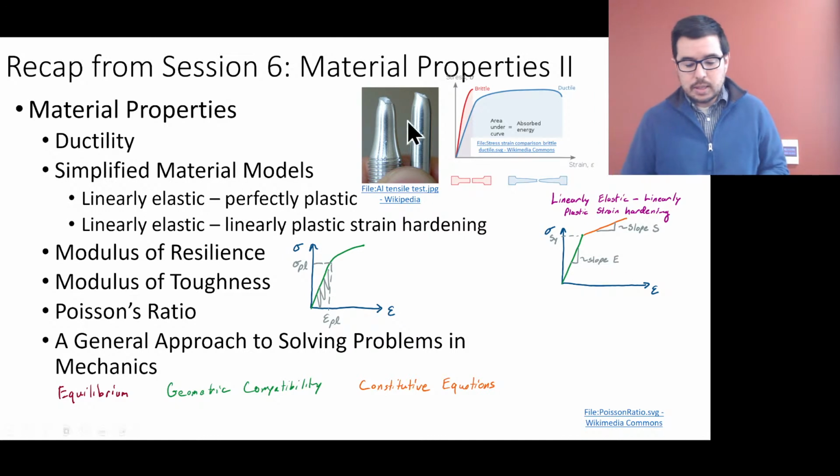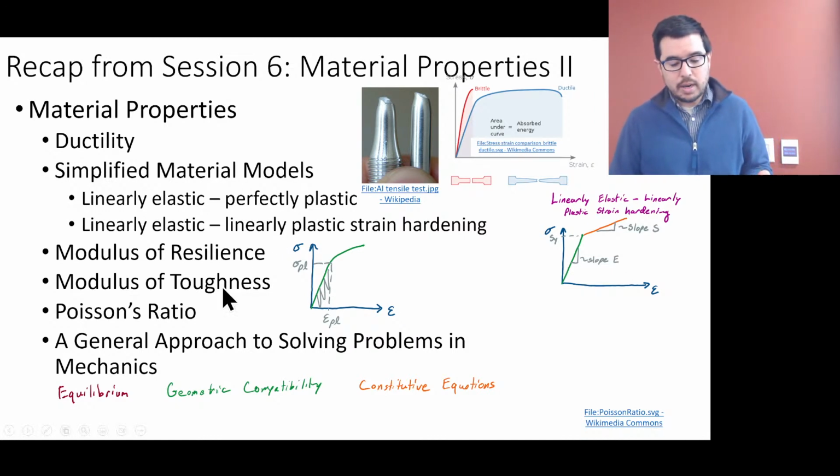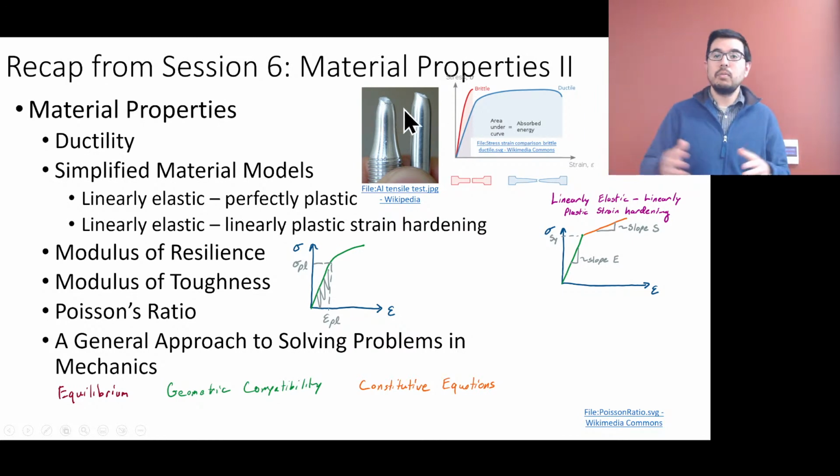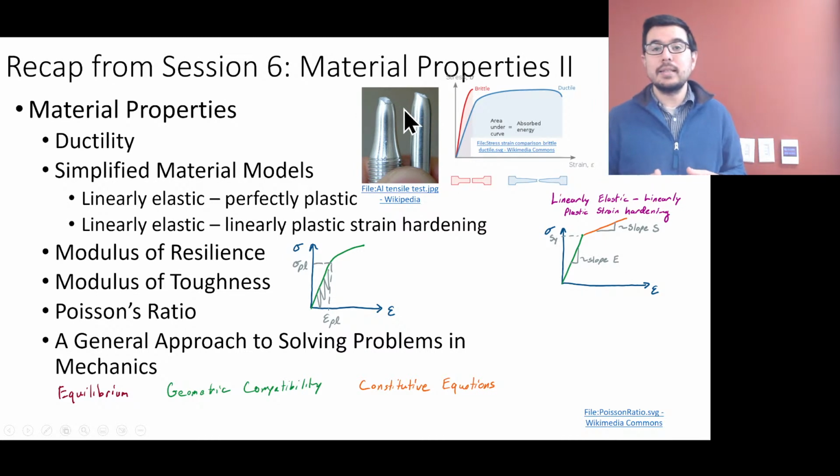We also discussed how you can figure out toughness, which is related to ductility. Although we also discussed how you may have a material that has quite a bit of toughness, but still suddenly breaks quickly. Some of the advanced glasses might fall in that category.